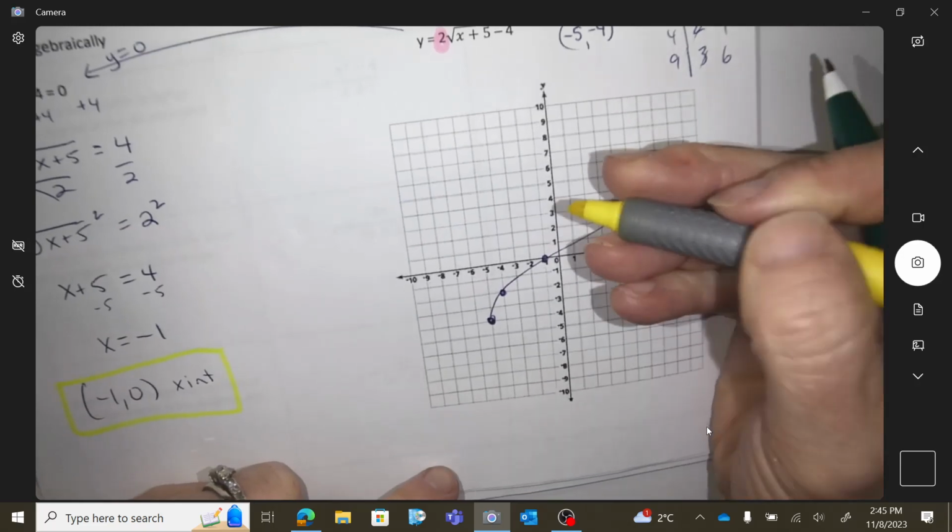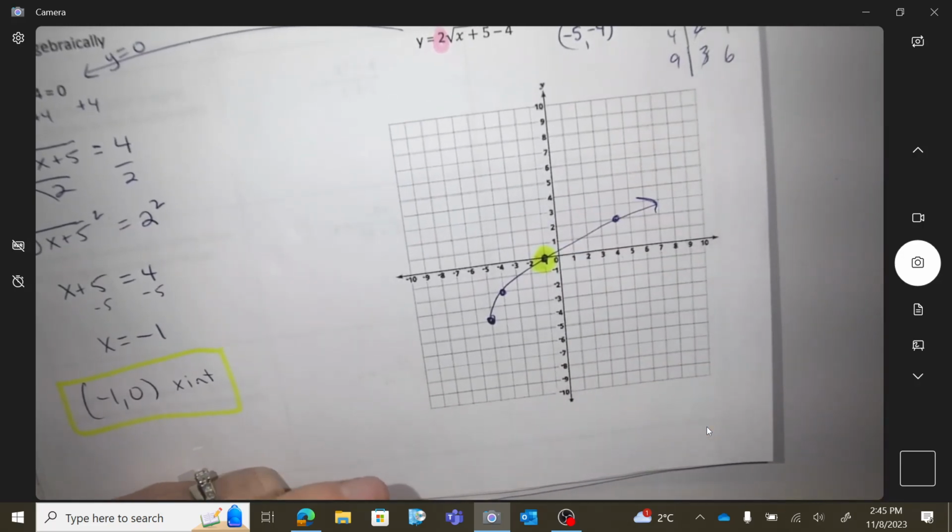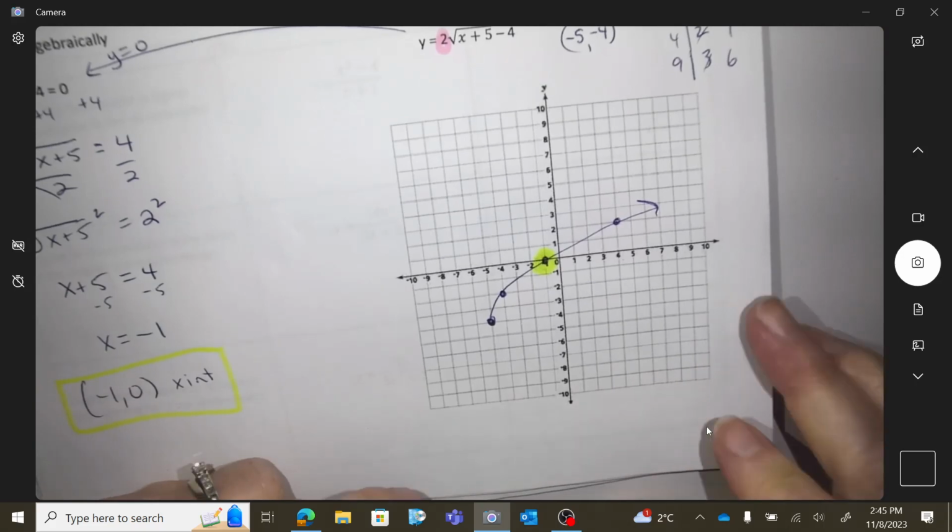And what do you notice about your graph? Did we match?